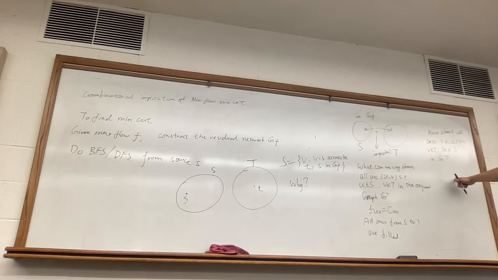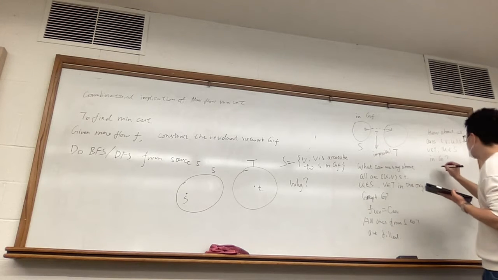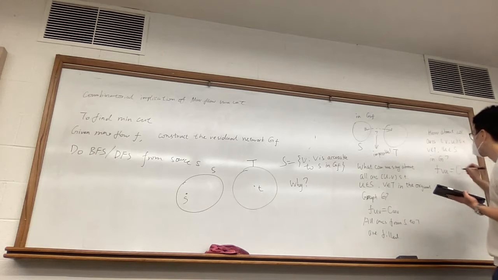What criteria should the flow on VU satisfy? Think about it. So consider this case. We can say that the flow on VU is 0.